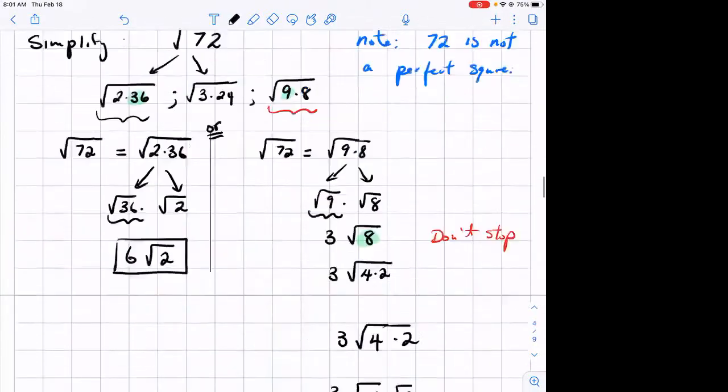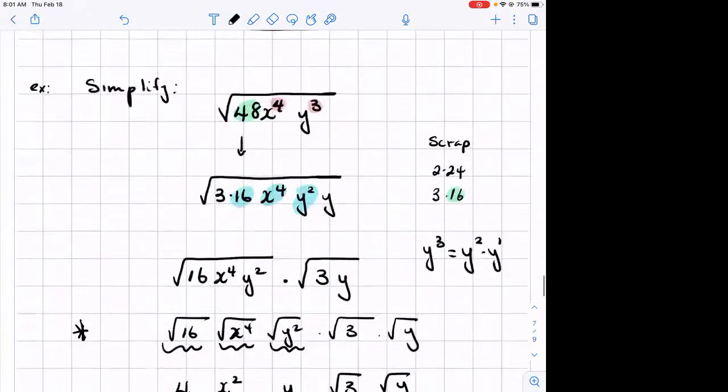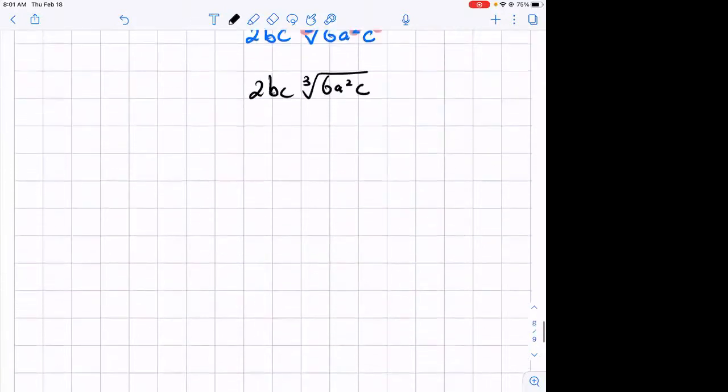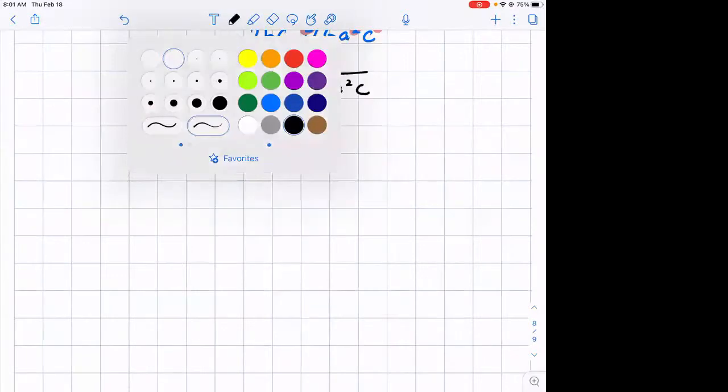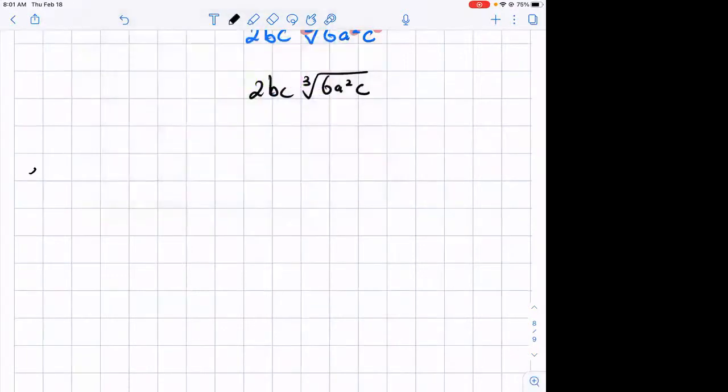We only looked at multiplication. So what happens when your radicand is a ratio? Simplify the root of 3 over 4.